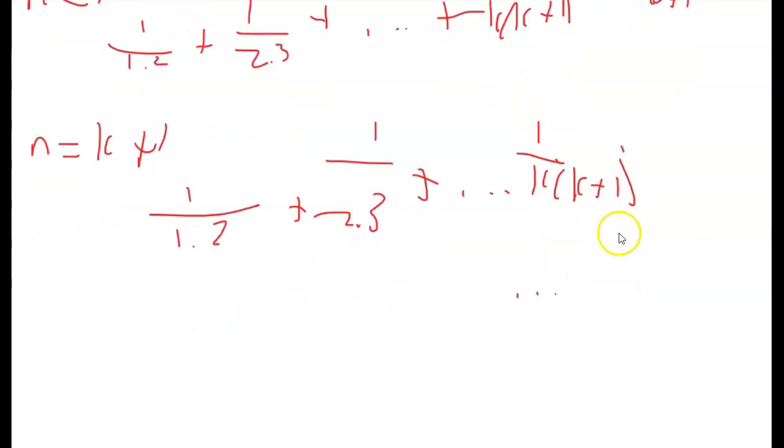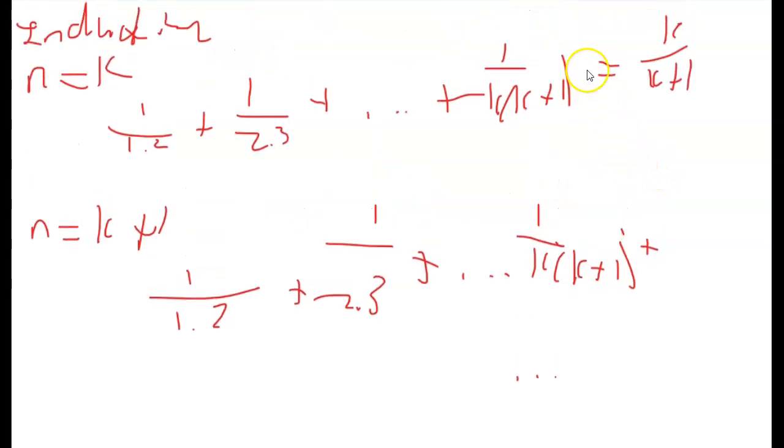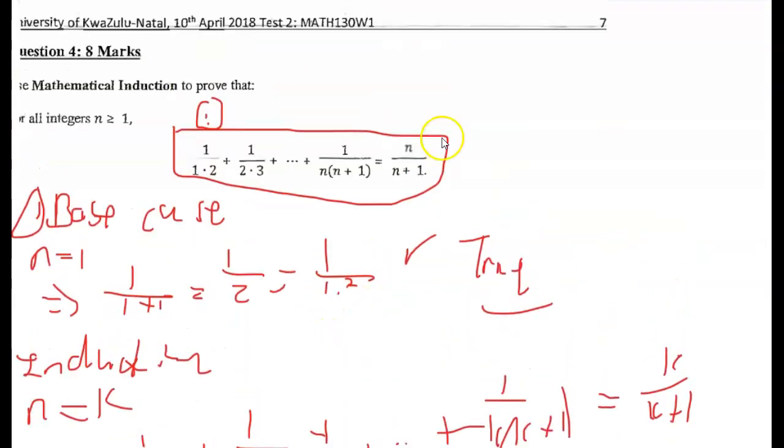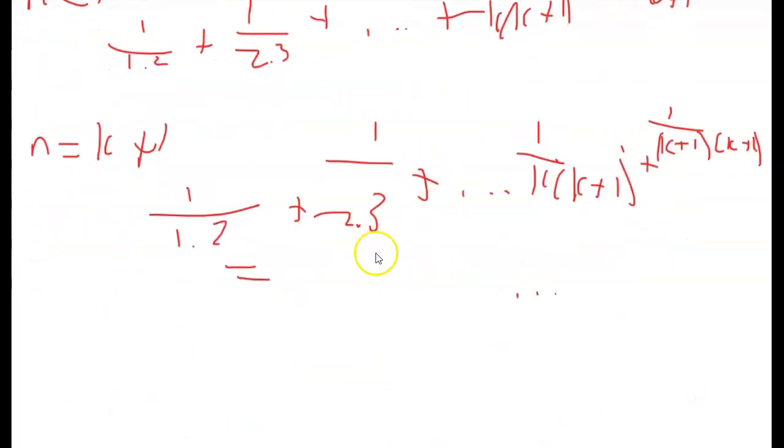What's the next term after this? It'll be plus 1 over k plus 1 times k plus 1 plus 1, that's k plus 2. So I'm just adding 1, and the right side, when I put k plus 1 in, is k plus 1 over k plus 1 plus 1, so k plus 1 over k plus 2.